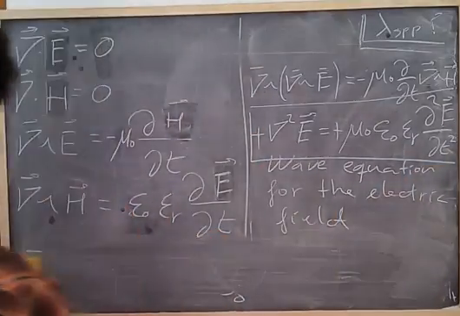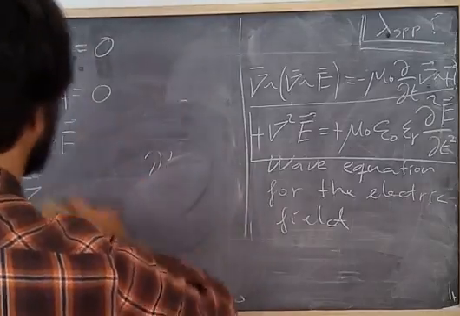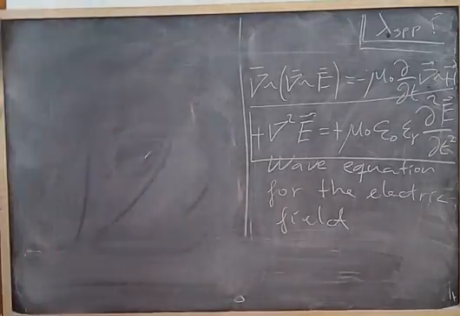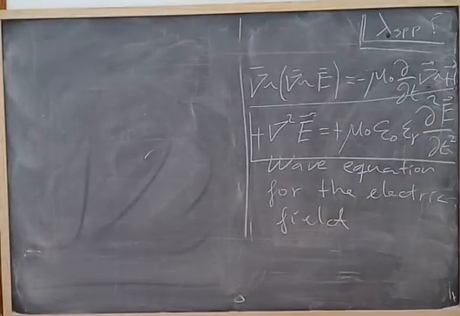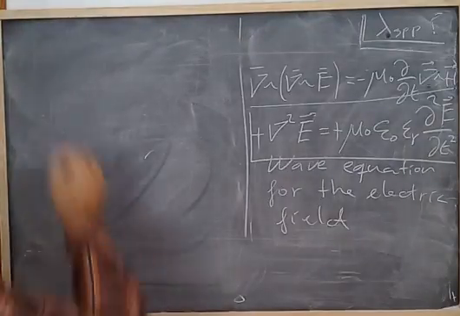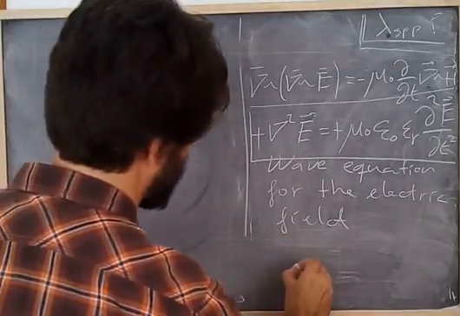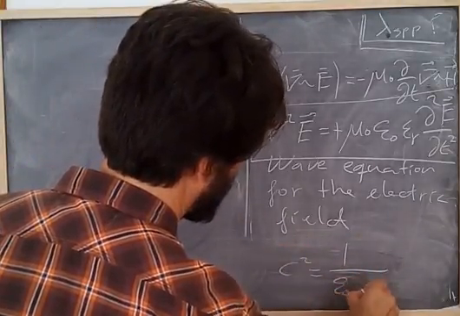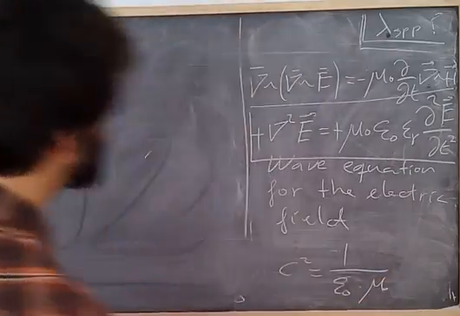Of course, we can rewrite this equation by using that c squared is 1 over epsilon 0 multiplied by mu 0.